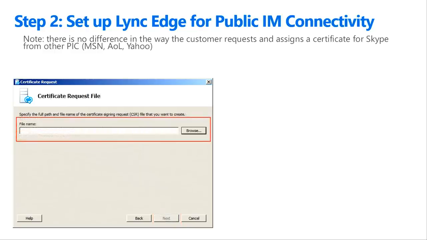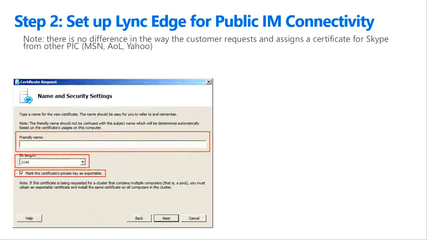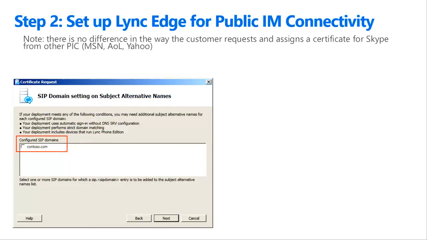I'm going to store the request on my hard disk, so I go ahead and select whereabouts. I give it a friendly name. Typically, this is going to be your SIP address at this point. I'm going to use a bit length of 2K. And I'm going to mark the certificate's private key as exportable. Yes, please. I enter my domain.